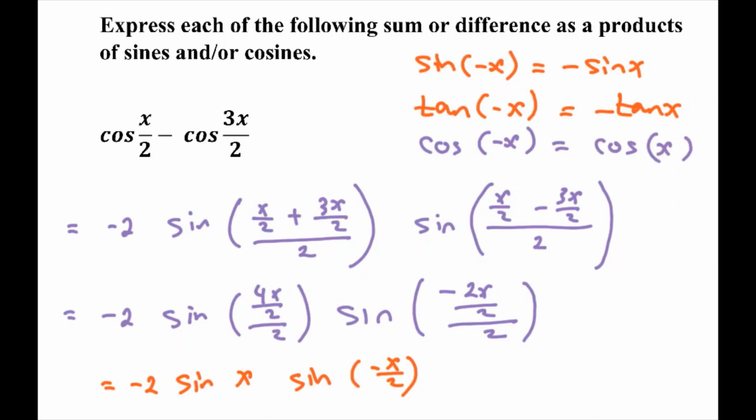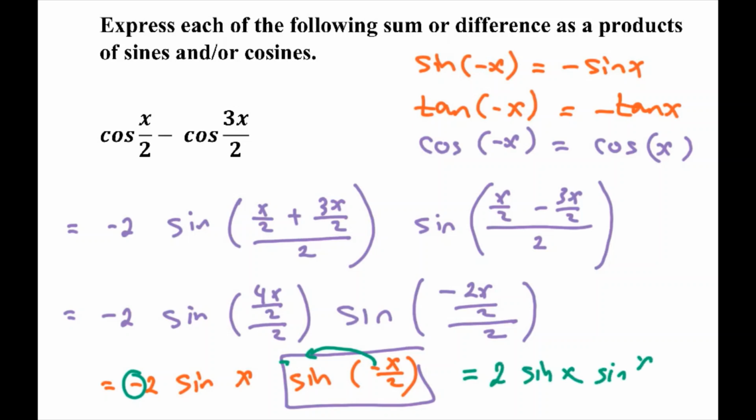So what does that mean? This is going to be sine negative sine x over 2. So if I take the negative out, negative multiplied by this negative will be positive. And here we go.